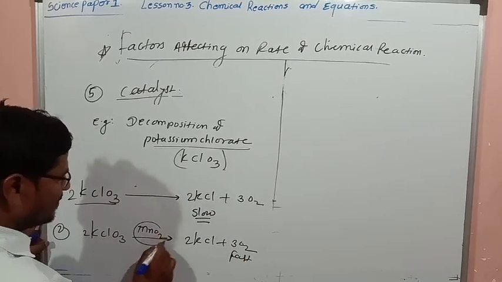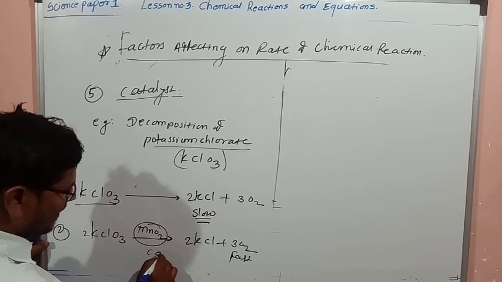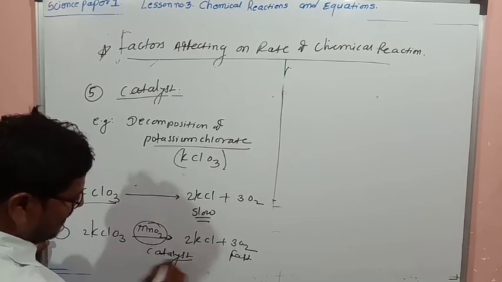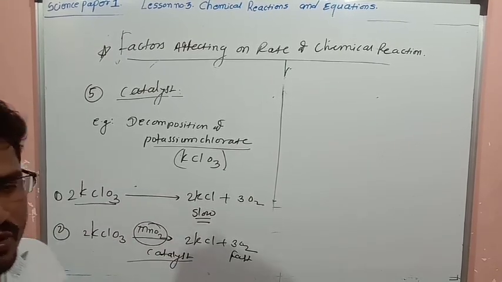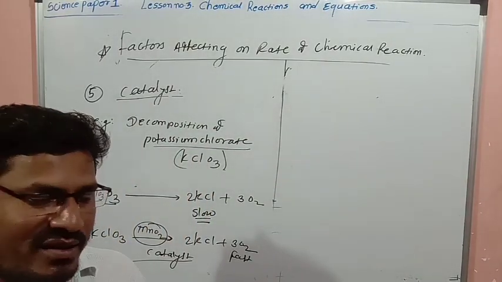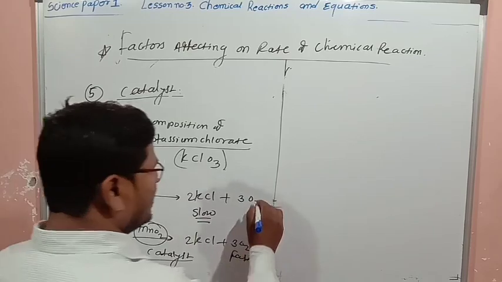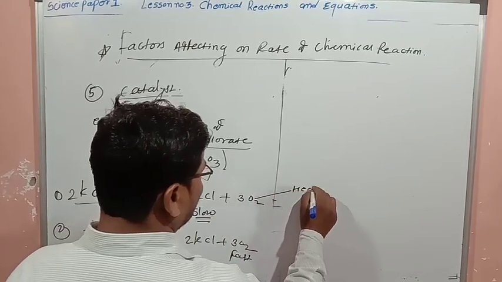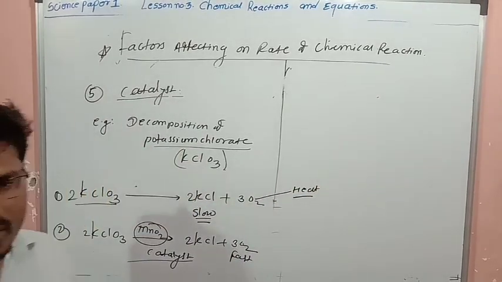But why is this reaction fast? MnO2 is a catalyst, and due to the presence of that MnO2, the rate of chemical reaction increases. Suppose you heat this; if you give heat, the rate will not increase.